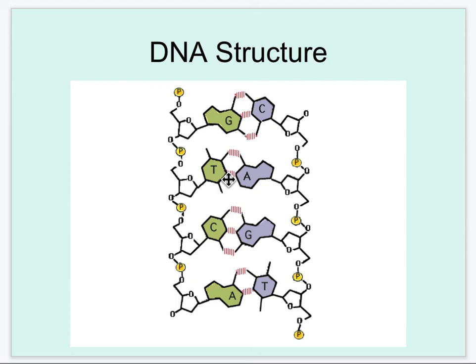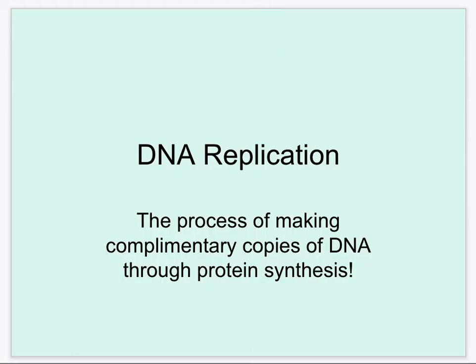Hydrogen bonds are super weak, which, we'll find out in a minute, is really important to the process of DNA replication, or the copying of DNA. DNA replication is the process of making complementary copies of DNA through protein synthesis.